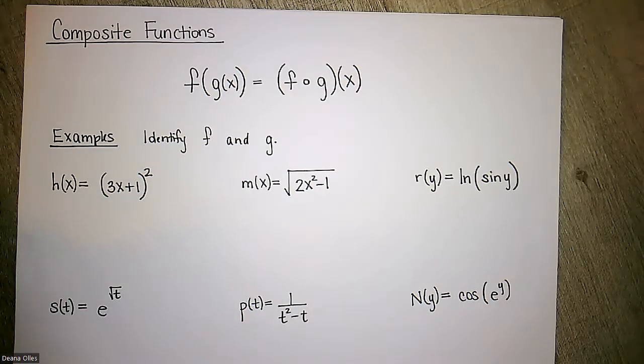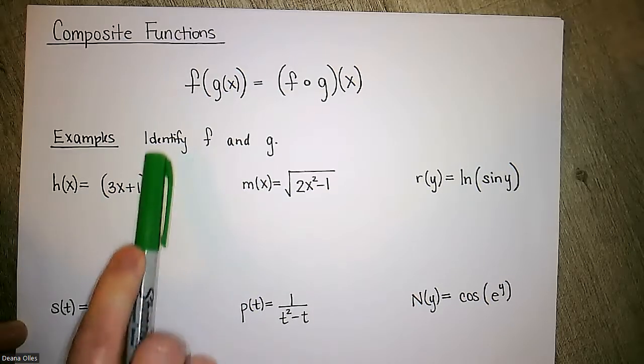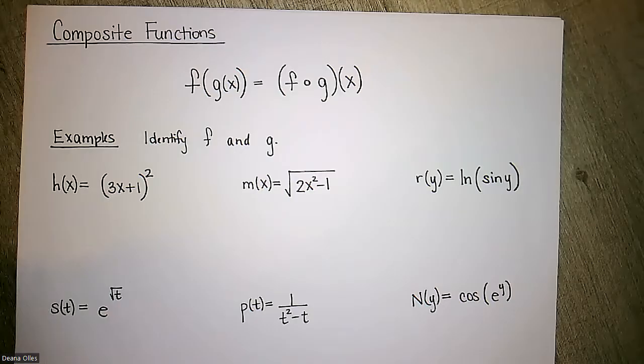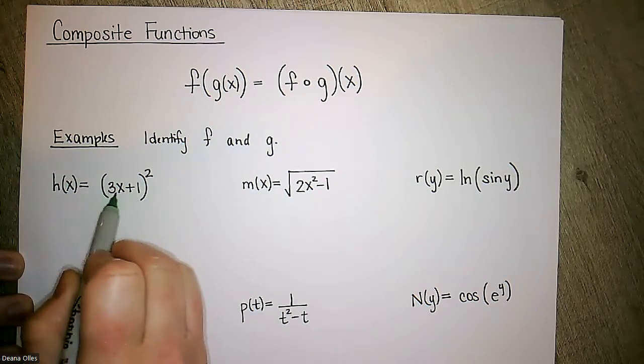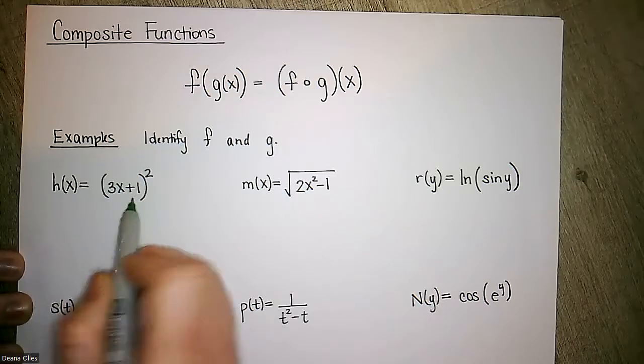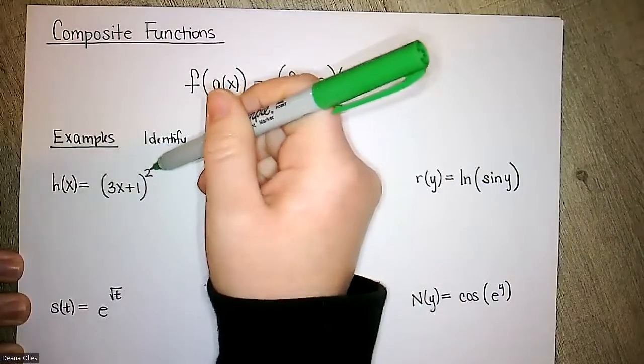We're actually going to start really simple here. We're going to look at h of x as an example, and identify which is f and which is g. So what you want to do is look for something that's a little bit more complicated than just a single variable like x or y, and you're looking for it to be inside of some other operation. What I see is a linear function, 3x plus 1, inside of these parentheses, and it's being raised to the second power.